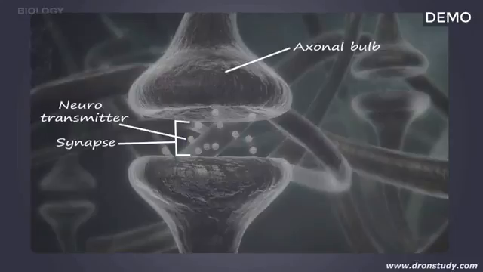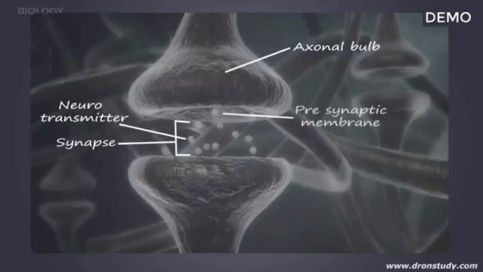Now, when we see that there are two neurons involved, obviously, for a nerve impulse to happen, what will we name them? The first one, the one which is going to send the nerve impulse, will be the presynaptic cell, which will also have the presynaptic membrane, because the membranes are involved, correct?